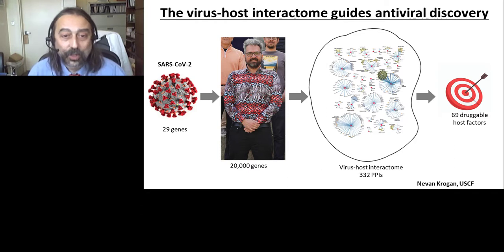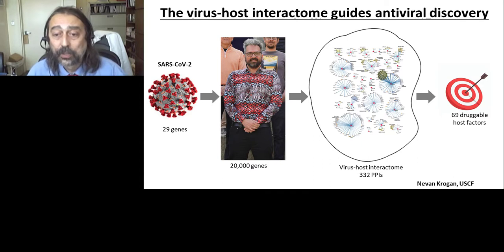As the source of the host genes, we have around 20,000 genes that we humans express. And then the idea is SARS-CoV-2 has a total of 29 encoded proteins. And Nevan Krogan has expressed each one individually in human cells, which have all these 20,000 proteins, pulled it down, and then determined by mass spectrometry what type of host proteins interact with these viral proteins.